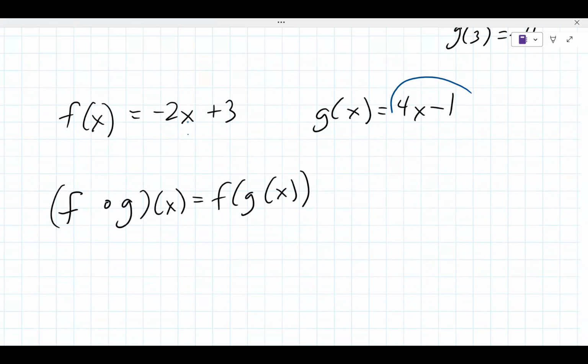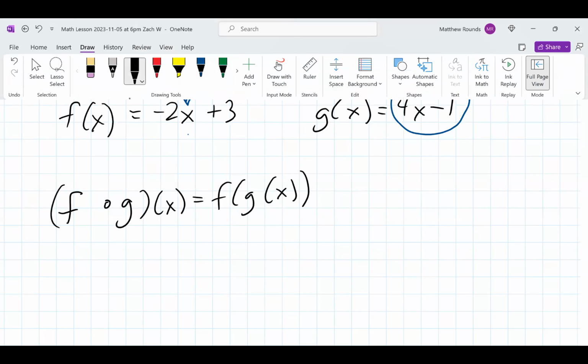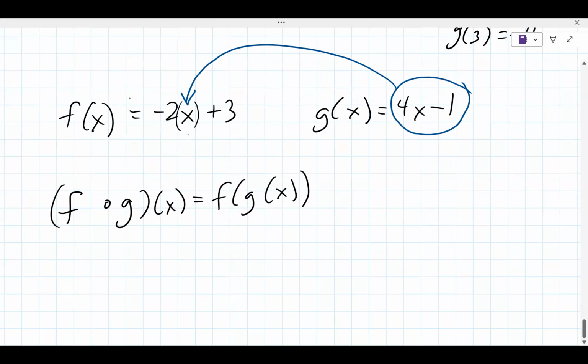This time you're taking g, the inside function, and you're putting it in for x in the other. You're treating it like x is in parentheses. So this is -2 times 4x minus 1, plus 3. Notice how I took that whole function as is, 4x minus 1, and put it in for x.